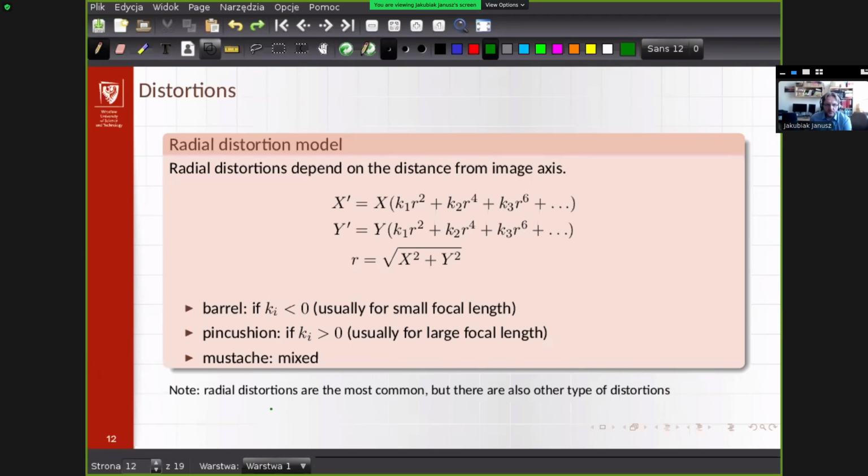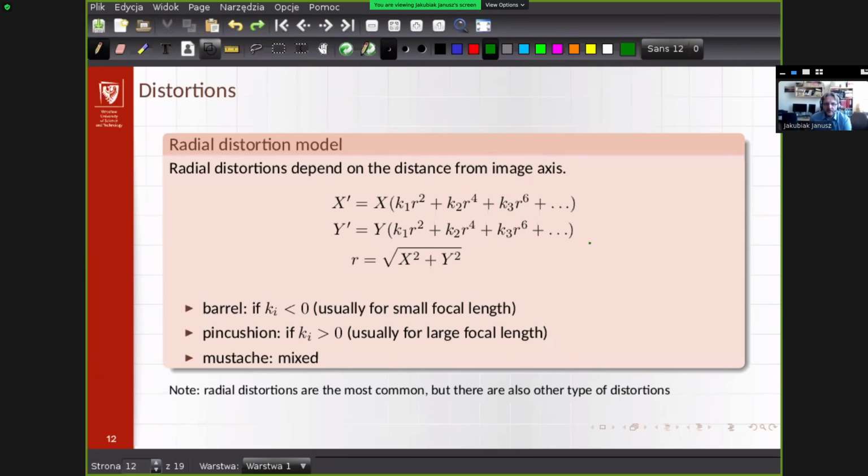Of course, you need to remember that these radial distortions that we presented here are the most typical, but you can have other types that are not so simple to show, especially when you have a simple, non-professional lens.